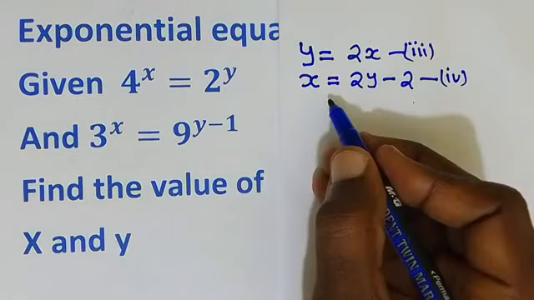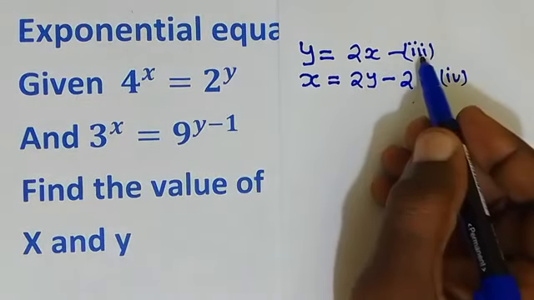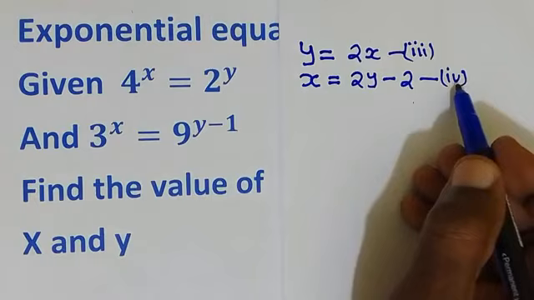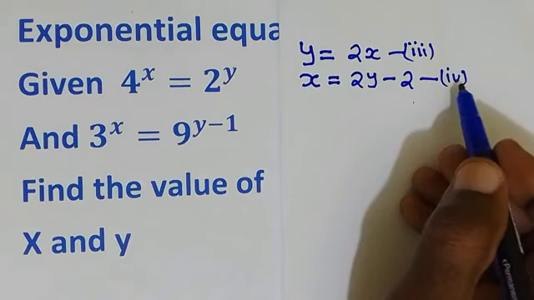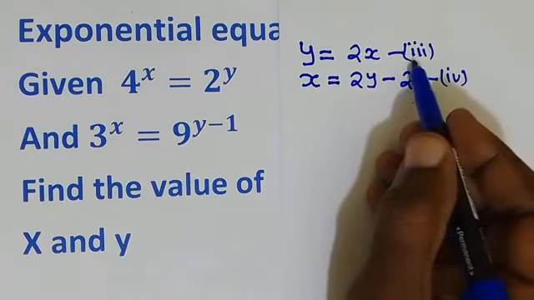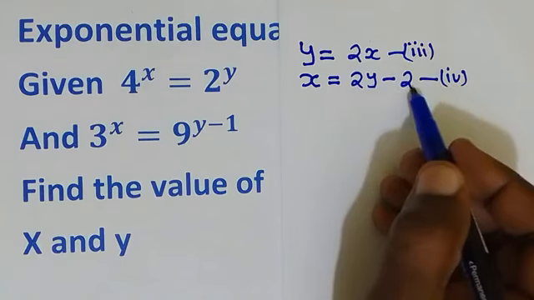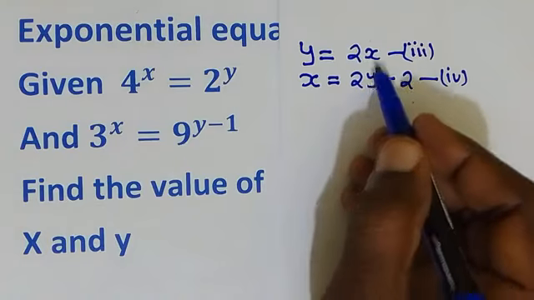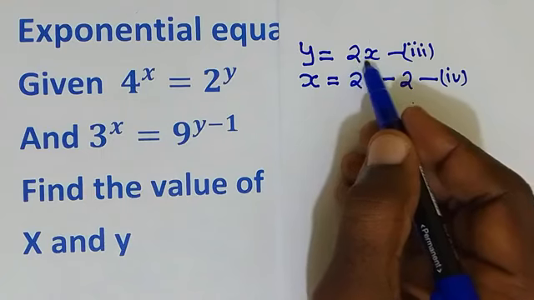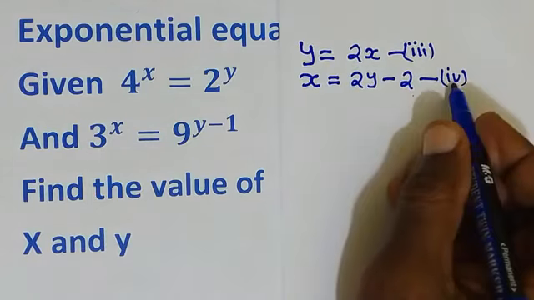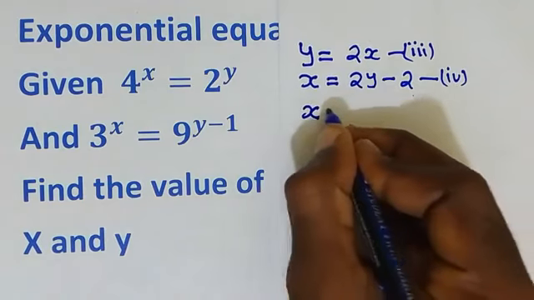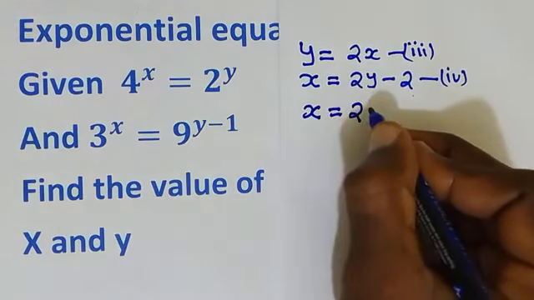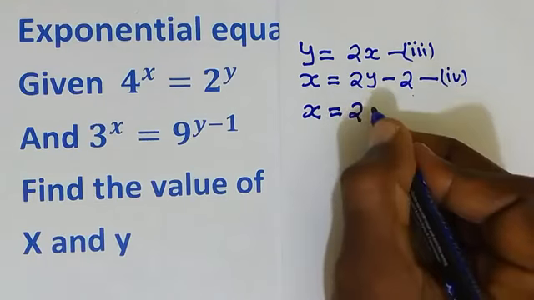Now we have equation number 3 and 4. We can use them to solve for x and y. And here I'm going to use the substitution method. I'm going to substitute equation number 3 into equation number 4. From equation number 4, x is equal to 2y minus 2. In the place of y, I'm going to substitute 2x.